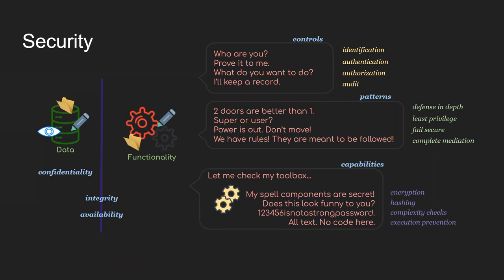There's a set of capabilities that the application or system is going to have. Can data be protected, again, from prying eyes, from a lack of confidentiality? Do we have strong credentials when we perform authentication? And as an example here, do we prevent malicious code from executing?